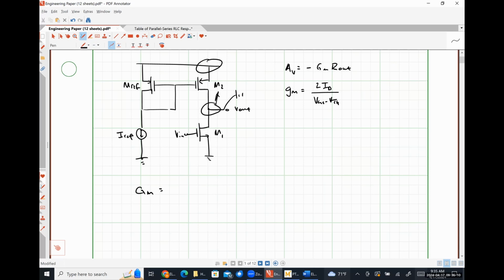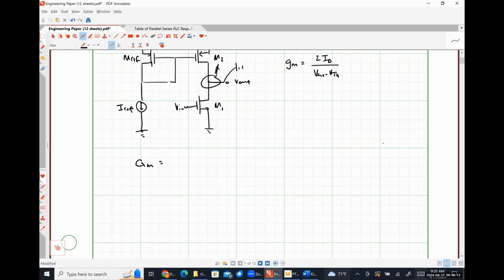So you would just be looking into the drain terminal and trying to find the transconductance for literally just a transistor, which is just going to be its transconductance. So GM capital should be GM1. Okay.